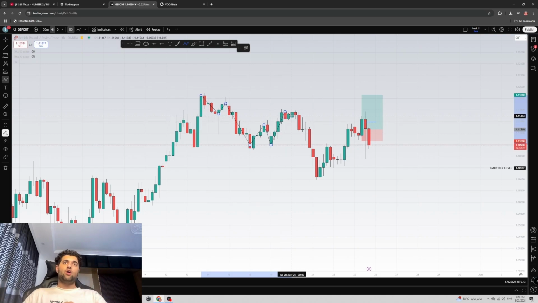It kind of started to range around this higher low, but failed to hold and then push. What ended up happening is that price made a new low, lower high. At that time, price failed to make a new low.